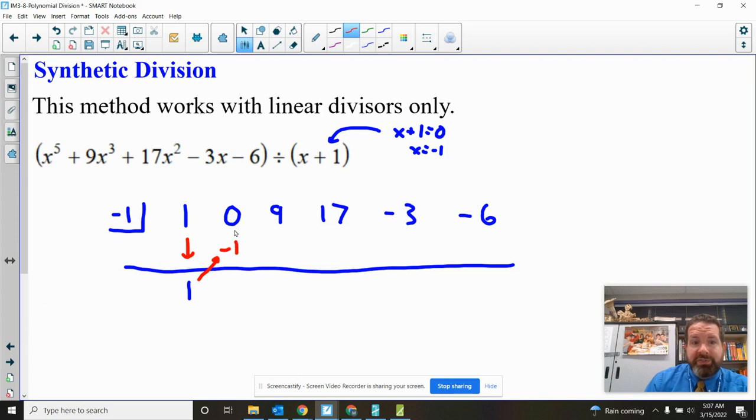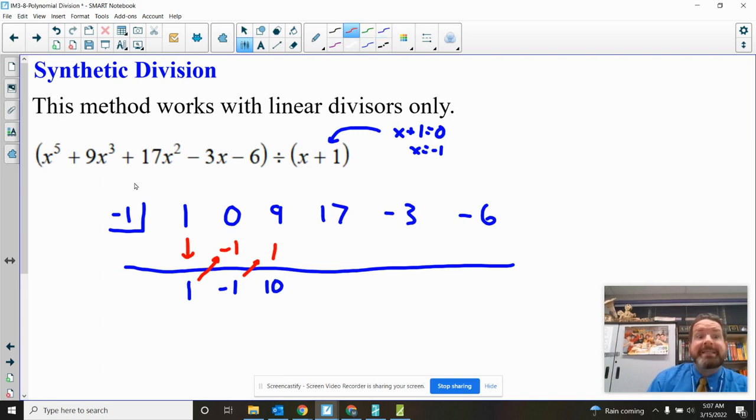That's what then goes under the coefficient in the next column. And add them together. 0 plus negative 1 is minus 1. And now repeat. Number at the bottom times number in the box, always times number in the box. That's positive 1 this time. That then gets written underneath the 9. We add them together.